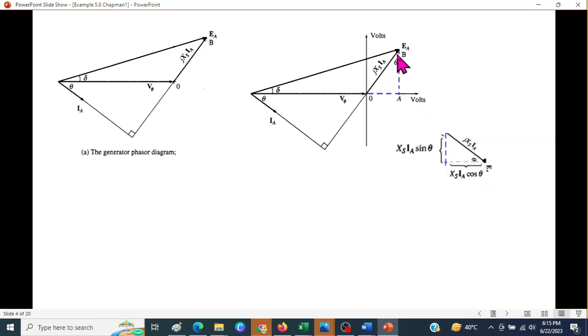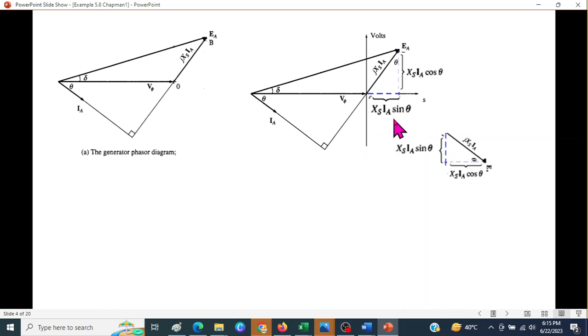Now in this case, this angle is here, so this will be the base and this will be the perpendicular. So this is XS IA cos theta, and this is XS IA sin theta.